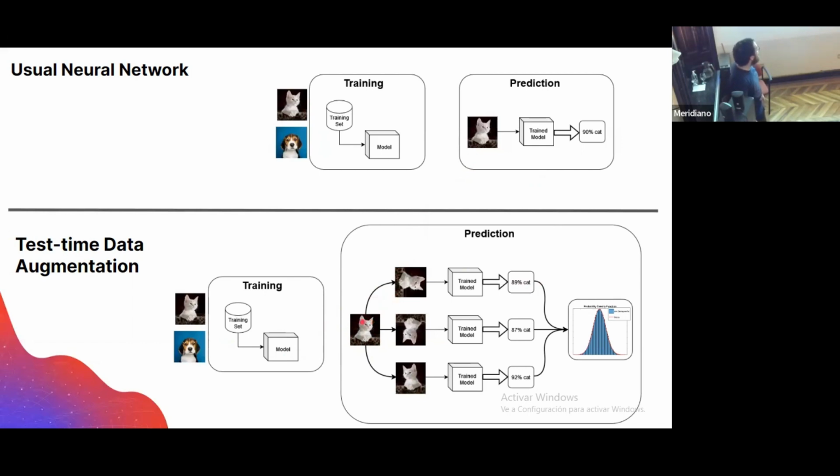So, for example, you rotate the image, you flip the image, you mirror the image. Each time that you change the input a little bit, the network will give you a different result. So for the first image, you say that's a 90% chance, or 89% chance of being a cat, then 87, then 92. And the idea is that if you do that a lot of times, you actually manage to get some kind of probability distribution, and so you have some kind of notion of error of the network.